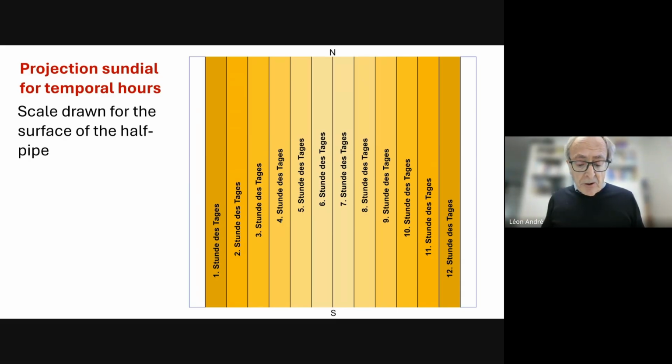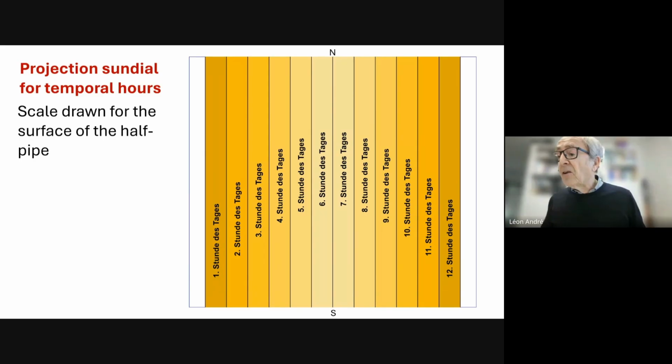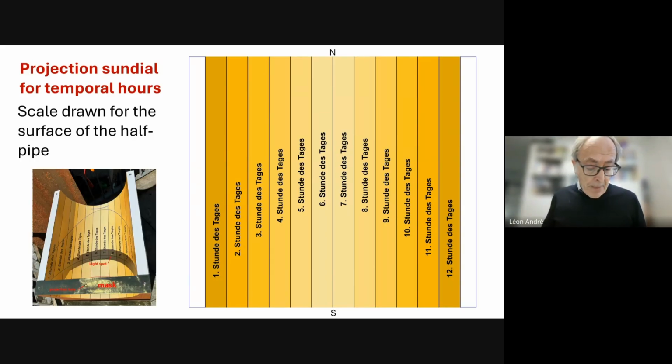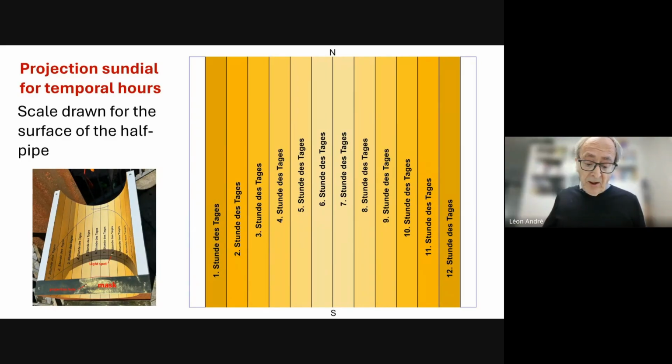The position of the light spot in relation to these lines indicates what the time of day is. And in this form, the sundial is independent of the location. It works in north, south, east, and west of the Earth.